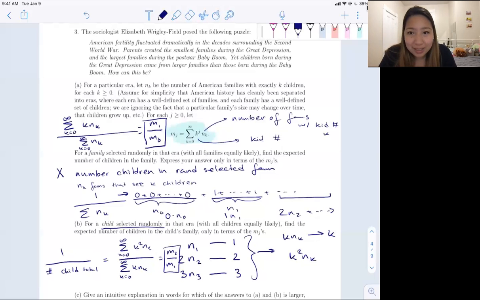However, I guess what it's saying in this last line is that the children's point of view is actually larger in the part B version, is larger in the Great Depression than the baby boom. And it's just saying it sounds like a contradiction because they should be the same since they're both averages, but we just saw that these are averages from different points of view. So one's the dean's eye and one's the student's eye.